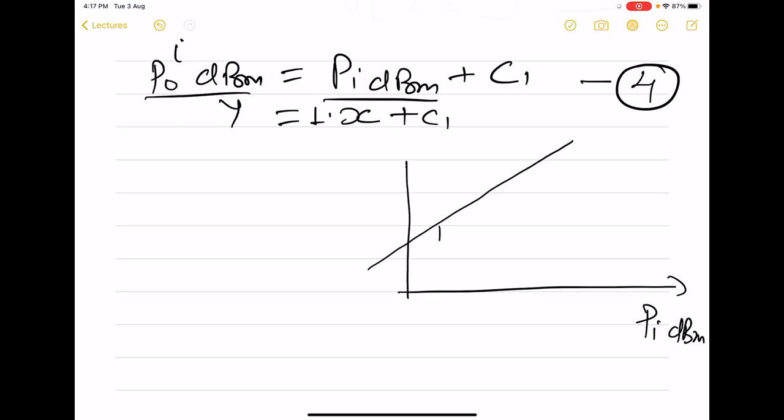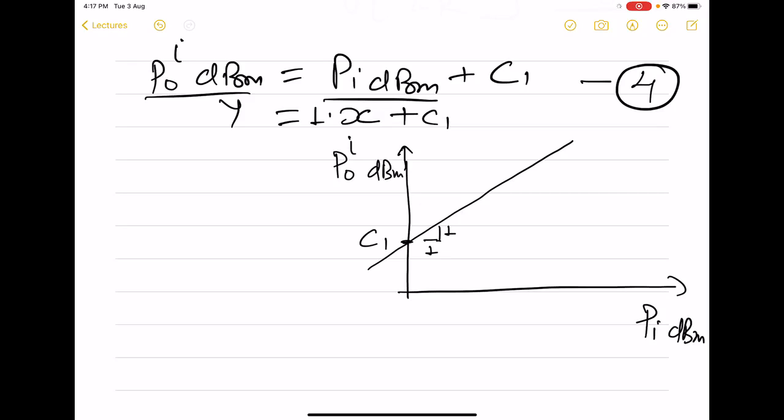The slope of this line is 1, and it passes through C1 on the y-axis, which has output power also in dBm. So this is the ideal response. This is how we should get the output power for an ideal amplifier.